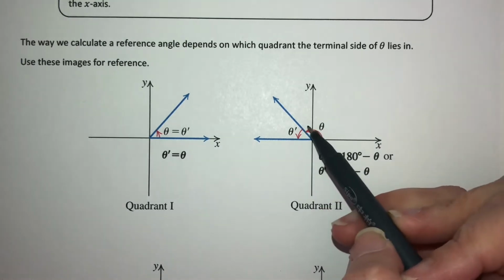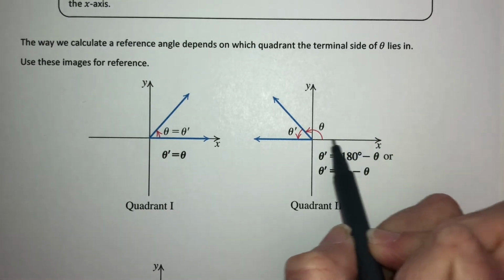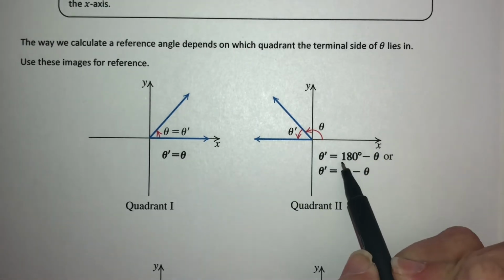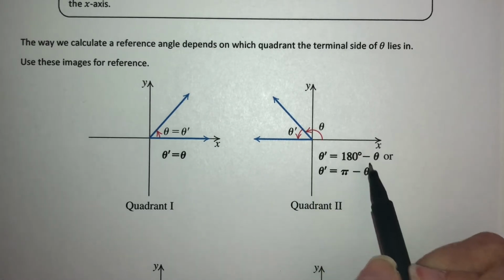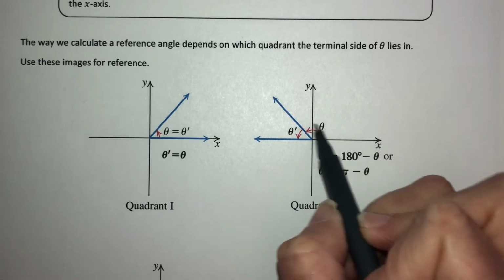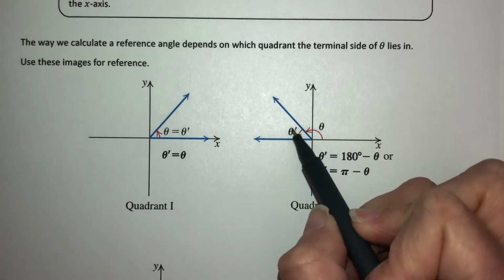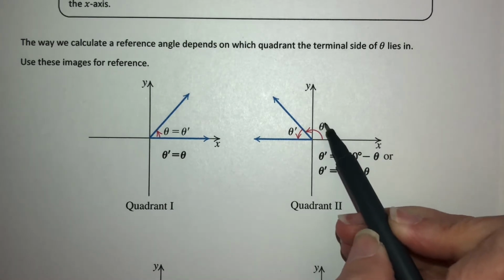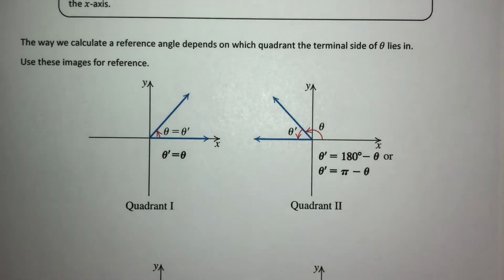To calculate the reference angle for our theta, this is a straight angle here, and its measurement is either pi if you're in radians or 180 if you are in degrees. So this right here is the supplement to this angle. To figure out what this is, you can take 180 minus the angle we're interested in if you're in degrees, or pi minus that angle if you are in radians.